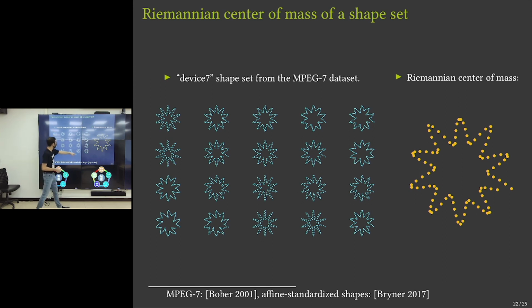So this is one set in this MPEG-7, and again, you can see they all have some kind of similarity. This is just an illustration of what it looks like to compute the Riemannian center of mass, the average of these points, considering that they can be represented on a manifold, and this is the result. I computed this result with that shooting method for the distance.